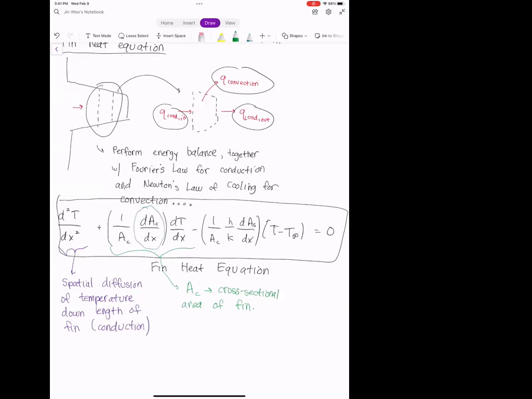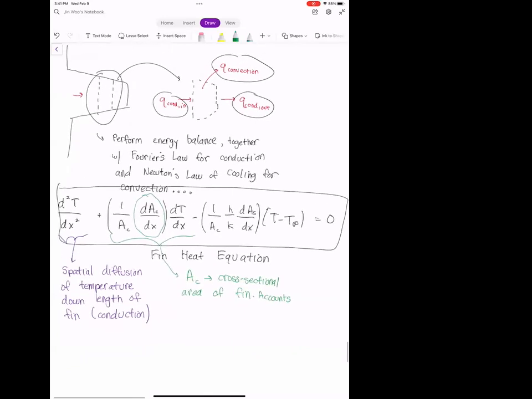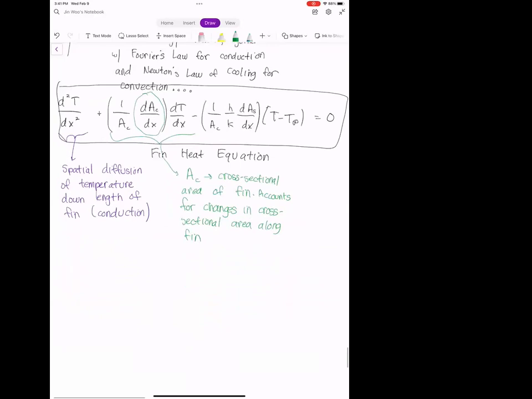And so this is kind of an extra term that comes out that accounts for the fact that our cross-sectional area might be changing along the fin. Right. And so if you have a tapered fin, or a fin that's becoming wider, that's going to have some kind of effect on the temperature and the heat transfer rate. And so that's what that term represents.